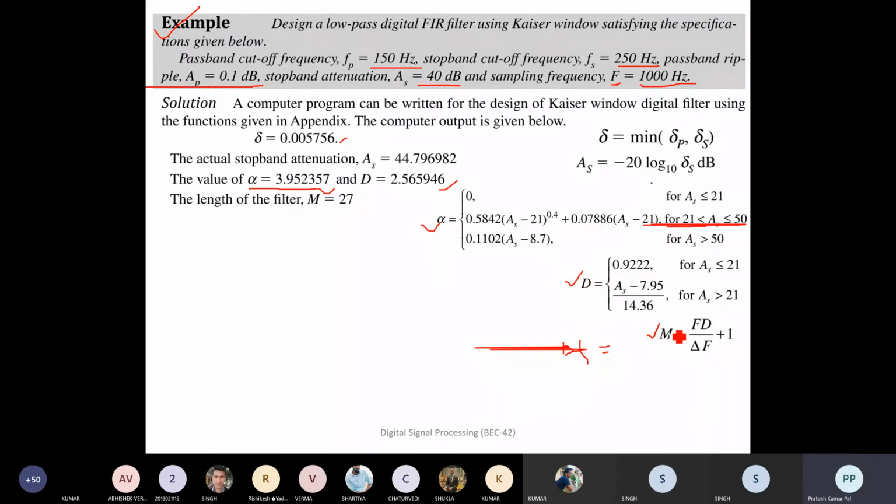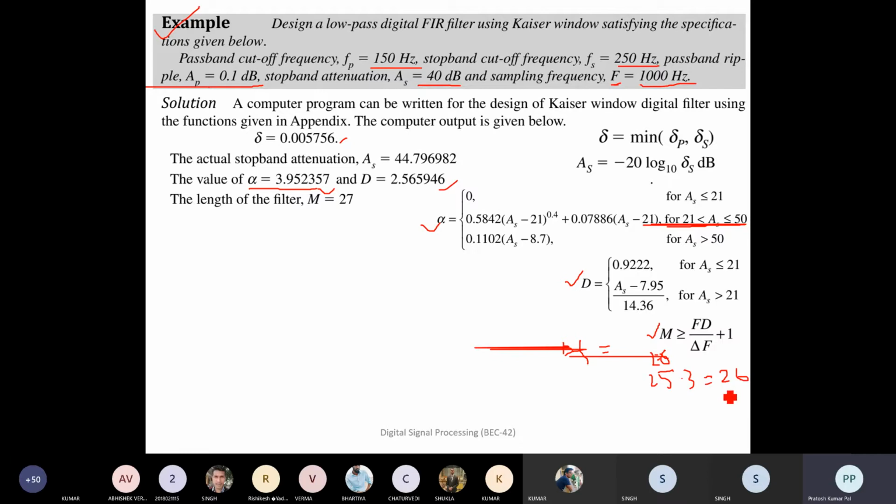Suppose the M value is coming out to be 25.3. Then the nearest integer value is 26.